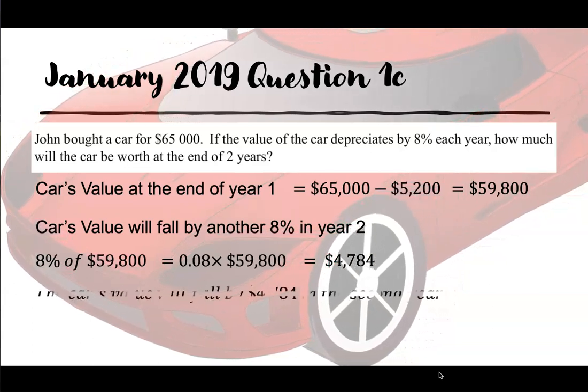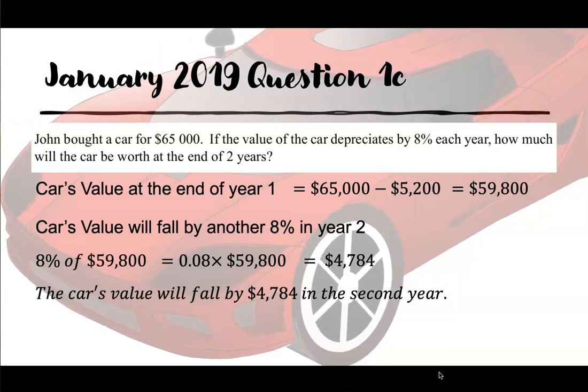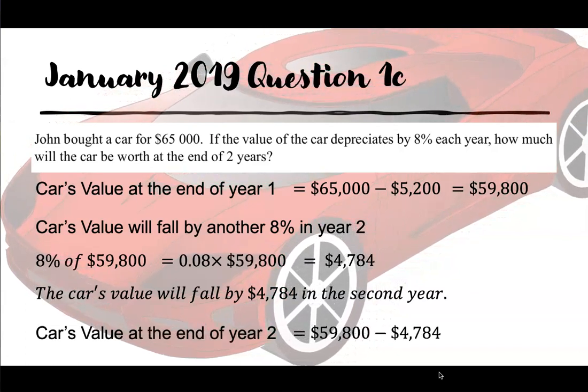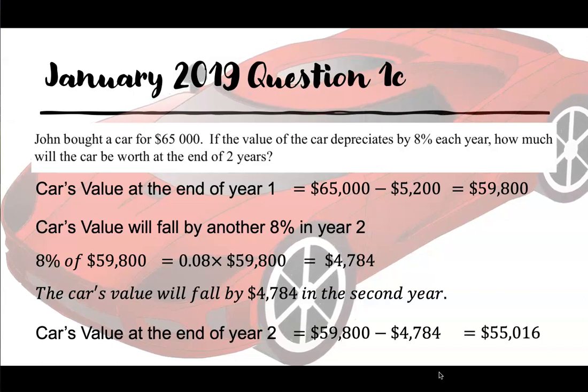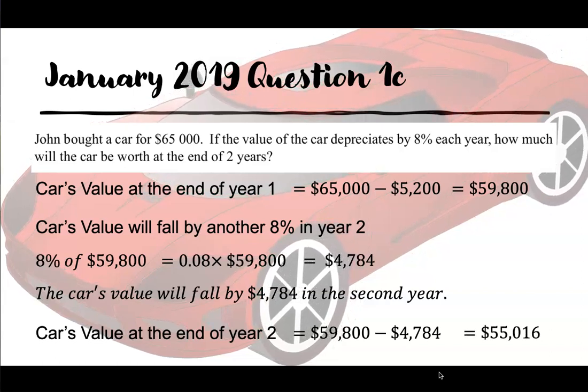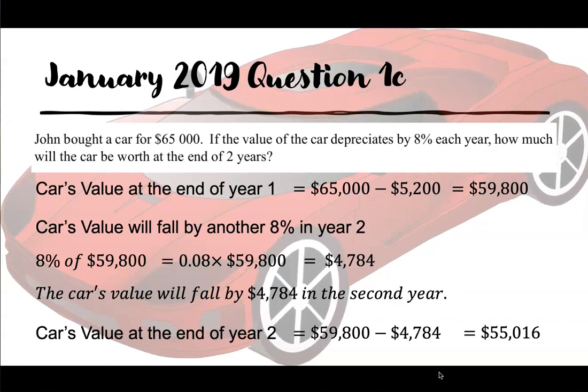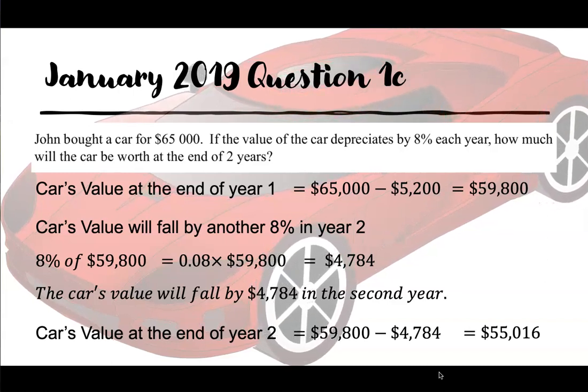So to calculate the value at the end of the second year, we will simply say $59,800 minus 4,784, and it gives us $55,016. So the value of the car at the end of 2 years, right? This car will be worth $55,016. So this is one way to approach the question, right? Just doing it year by year.